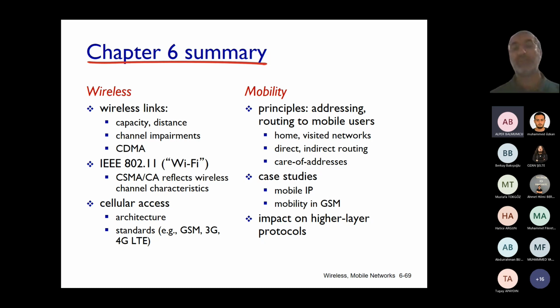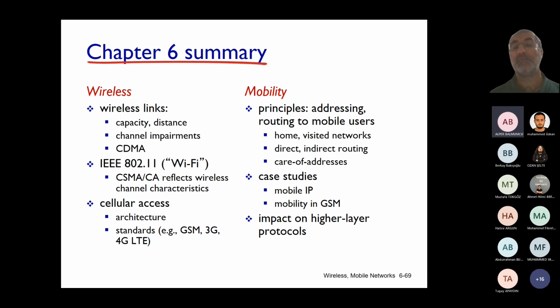Then we moved to the most popular technologies in wireless networks such as Wi-Fi, and we talked about collision avoidance. And then we moved to another popular technology, which is cellular access. We talked about the architecture and some standards, including GSM and 3G.